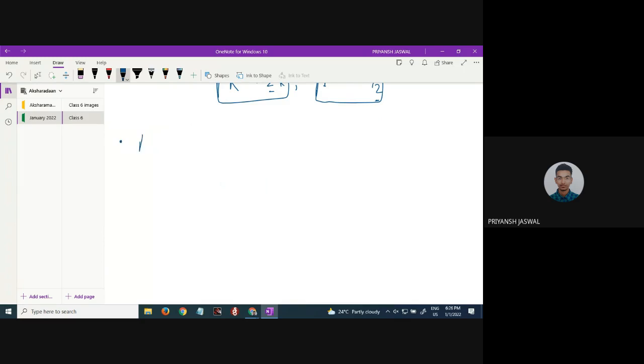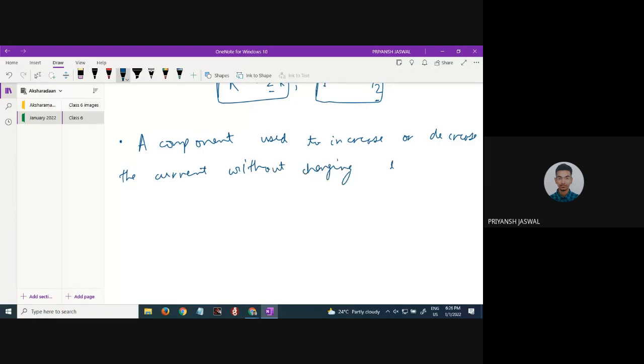And there is another component whose definition goes like this: a component used to increase or decrease the current without changing the source voltage in an electrical circuit is called variable resistance.